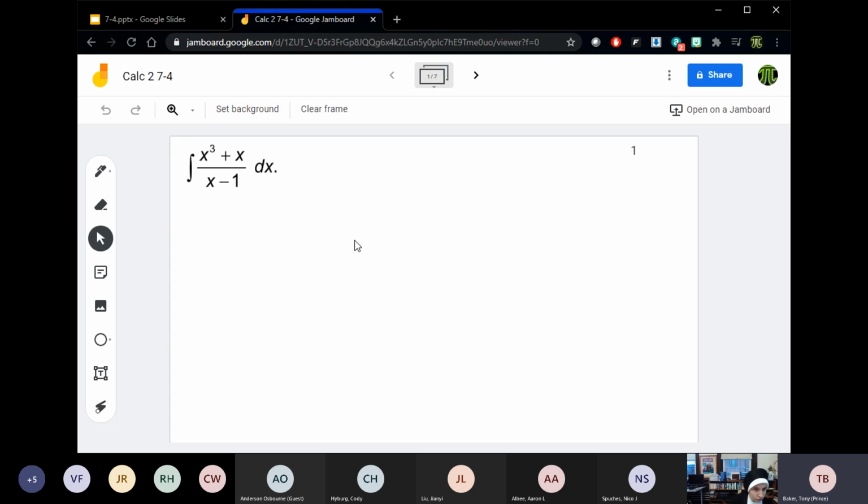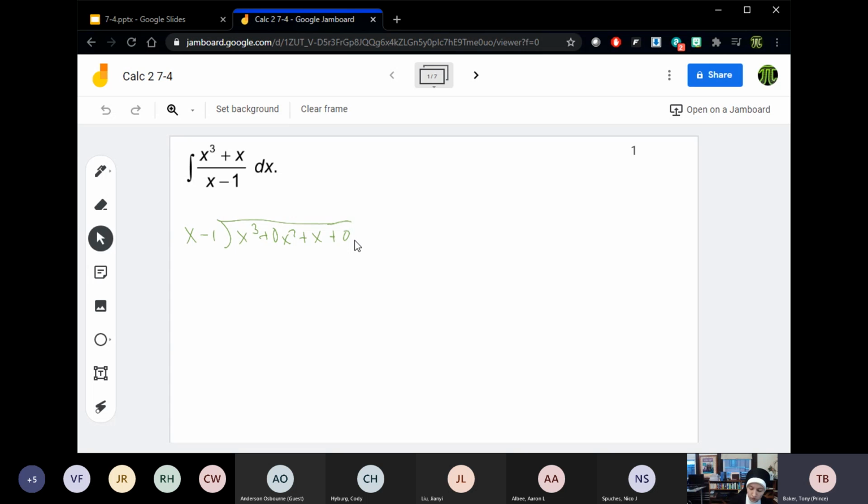So you take the bottom, x minus 1, and we have x to the third plus 0x squared plus x plus 0. Whenever I'm doing long division, I always put the zeros in for the missing pieces, because we're probably going to need those spaces anyway, and if you don't, you have to put them in later, which makes your life a little more confusing.